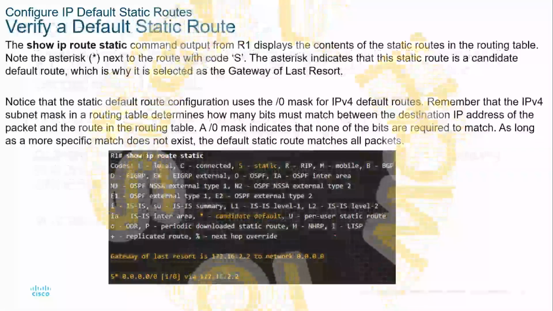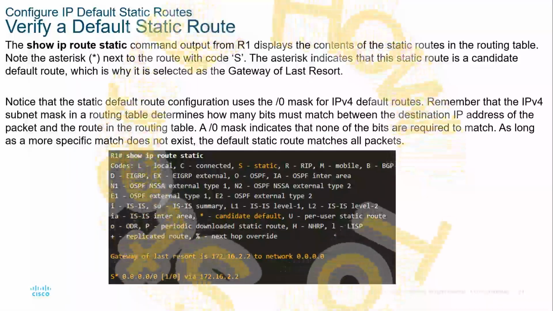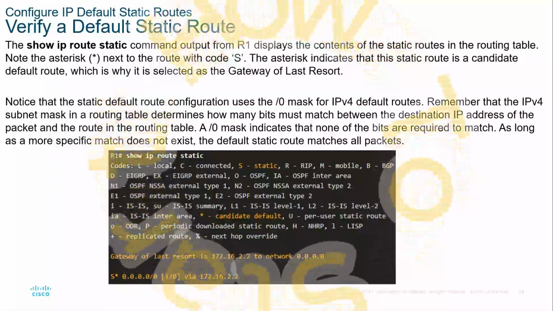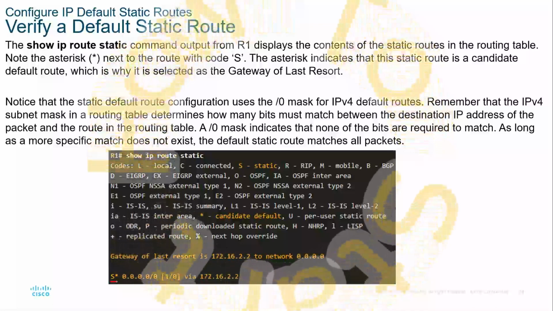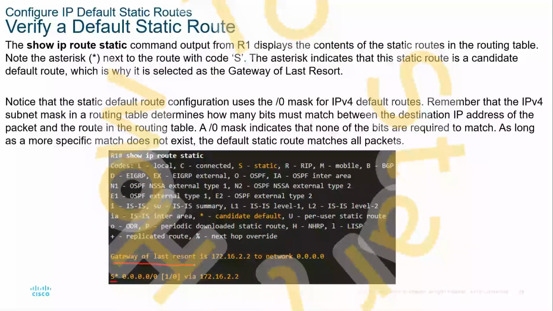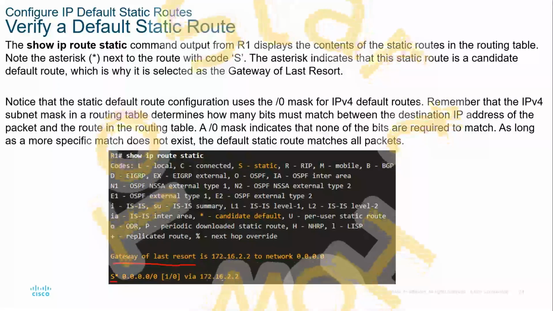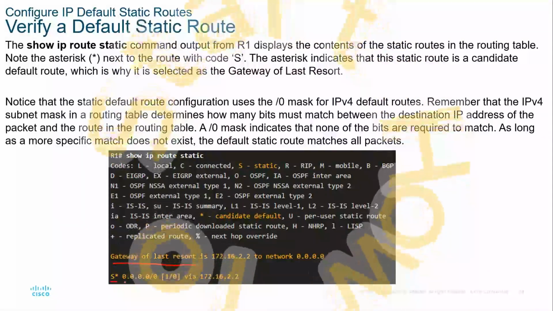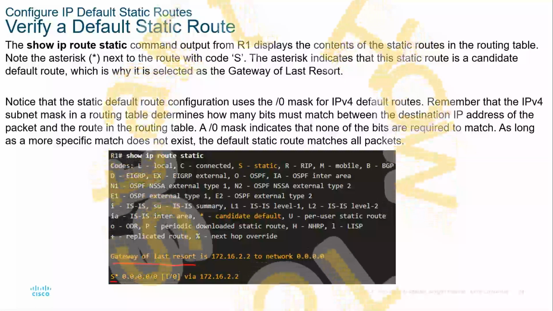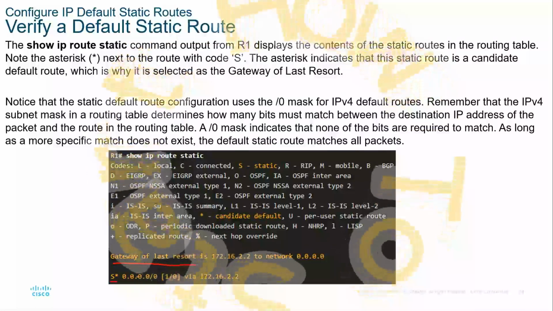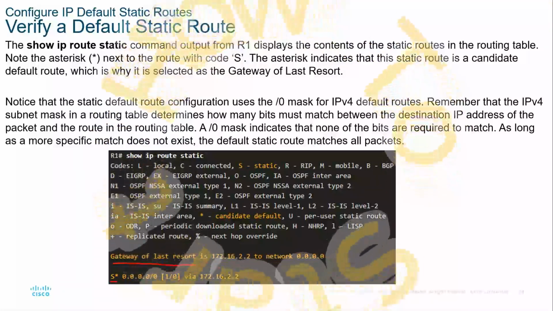address. So how do we verify it? You can always do a show IP route, and that's going to be the static route or gateway of last resort. If we are distributing this, it will then say go to router X, whatever router has the default route, and forward it out that way.